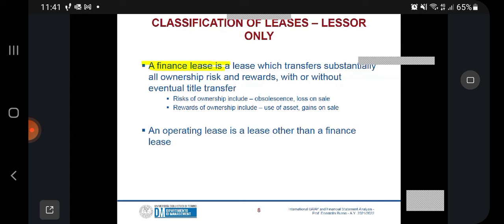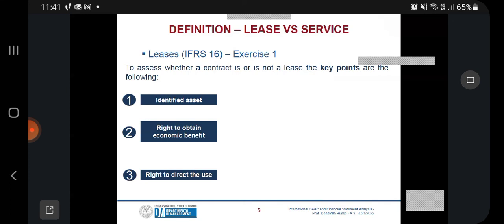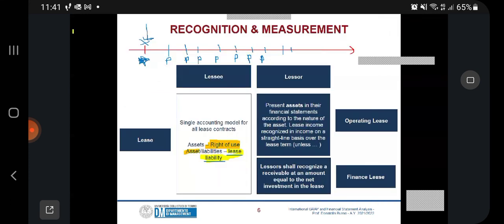Because if it is a finance lease, this means that the lessor is acting as the seller of the asset. So the asset is de-recognized from the balance sheet, and the lessor simply recognizes a receivable.